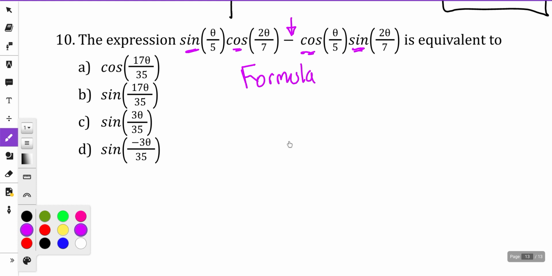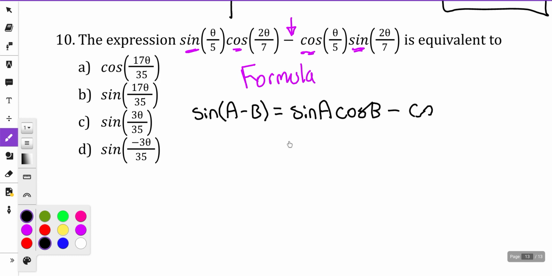Yeah, straight down the right side, you will see that sine of an angle minus an angle equals sine of the first angle times cos of the second angle minus cos of the first angle times sine of the second angle.